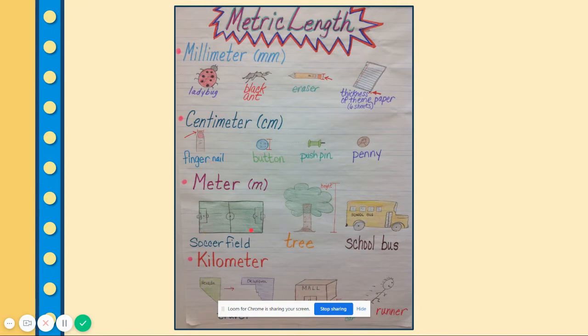If you've ever been to an athletic field, there is a high school spring sport that's called track. Students run around the track to see who's the fastest or who can run the longest distance.